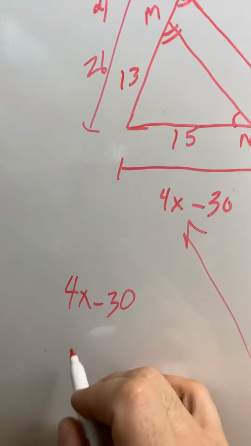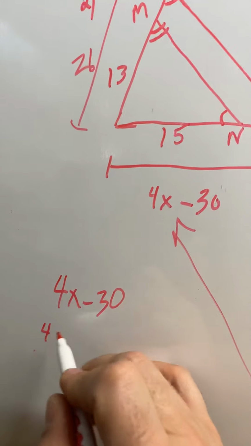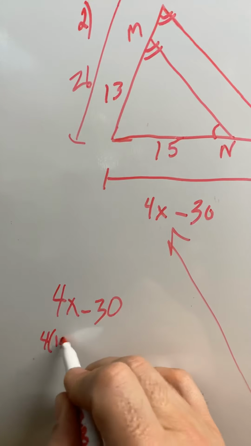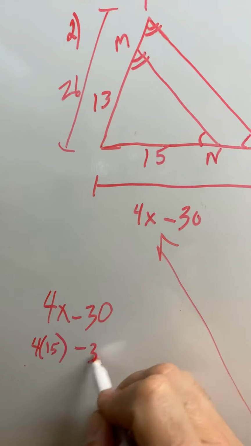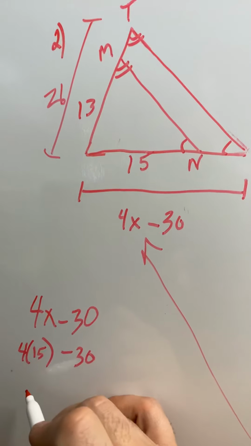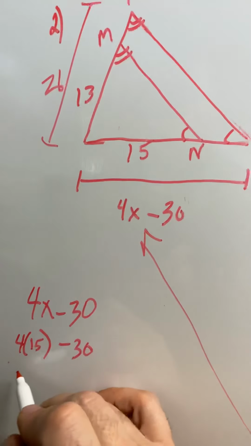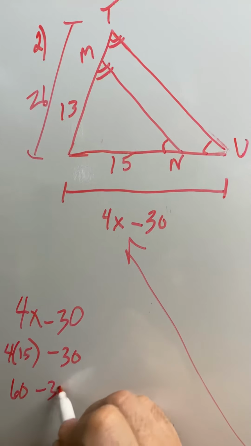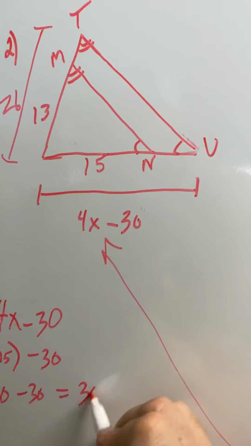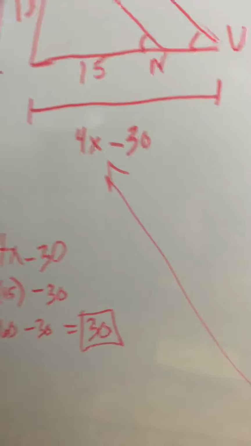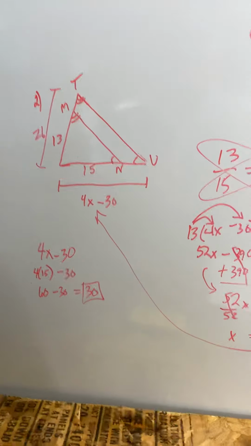Plug our 15 in where the x is. 4, remember side by side means multiply, so parentheses, minus 30. 4 times 15, use your calculators. That is 60 minus 30. Our answer is 30. Well, I hope that helps.